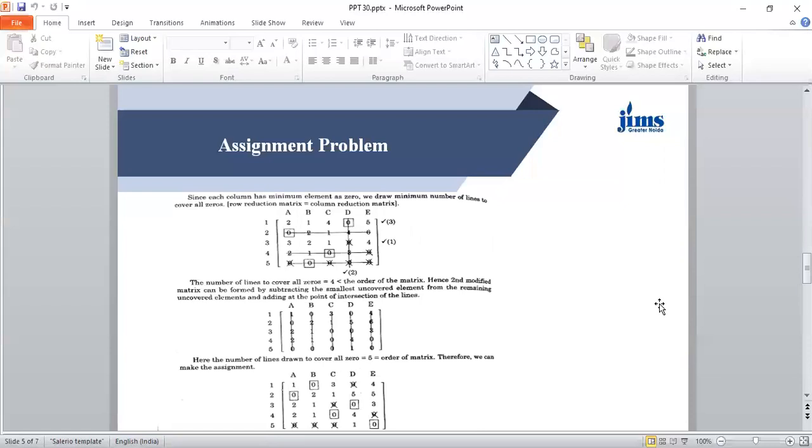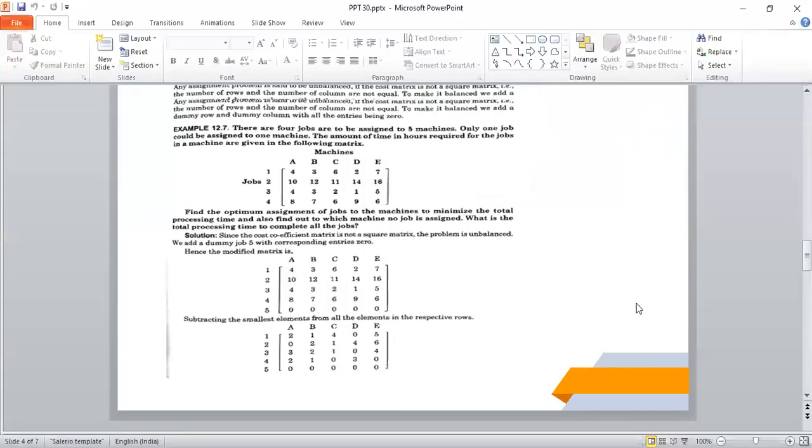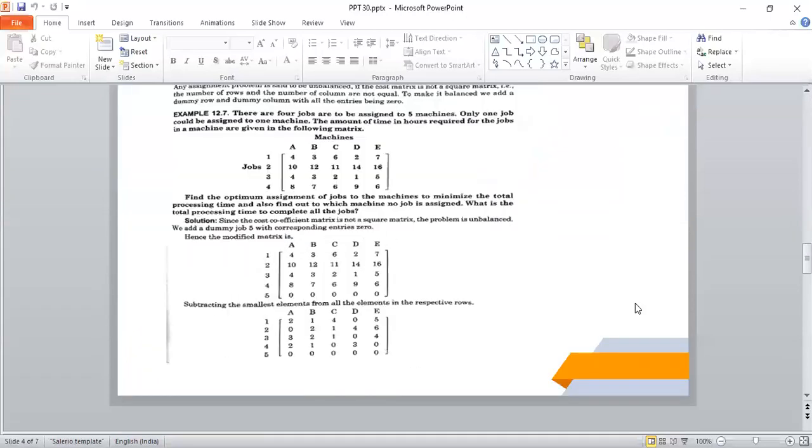to solve the problem in the normal way. We deduct or subtract the smallest element of each row from each element of that row.